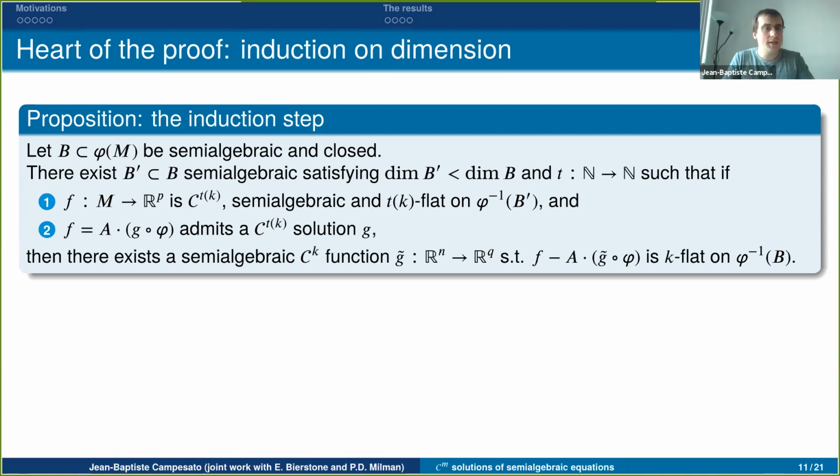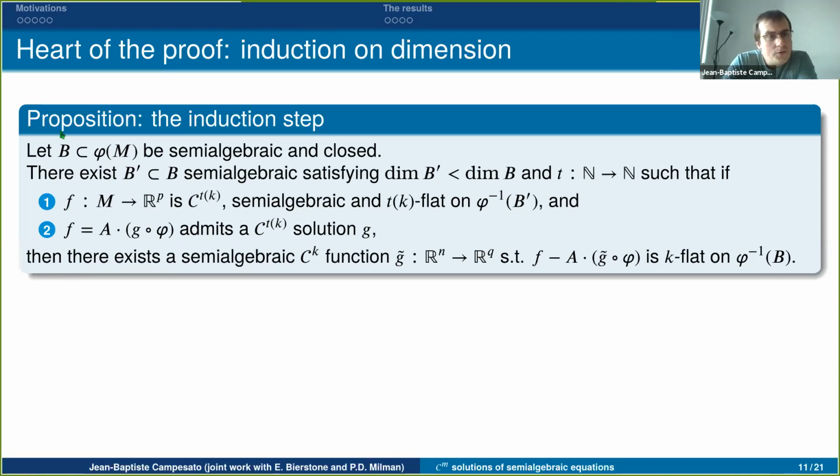And then we repeat the process. There exists a B prime, a semialgebraic closed subset of B of lower dimension, such that if you can prove the theorem on B prime, then you can prove the problem on B. So each time we are going to reduce the dimension. Of course, after finitely many steps, we will reduce to the 0-dimensional case. So there are finitely many steps.